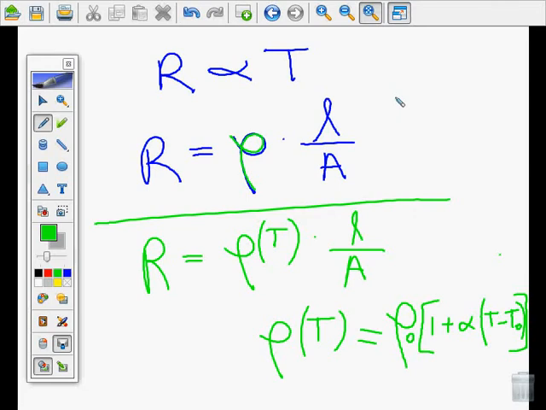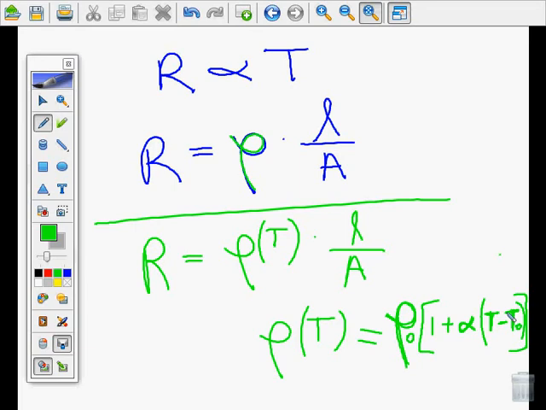So basically, the resistivity at a different temperature other than room temperature would equal the original resistivity at room temperature times bracket 1 plus alpha, which is another number, the temperature coefficient of resistivity, times, parentheses, the new temperature minus T0, which is usually room temperature.